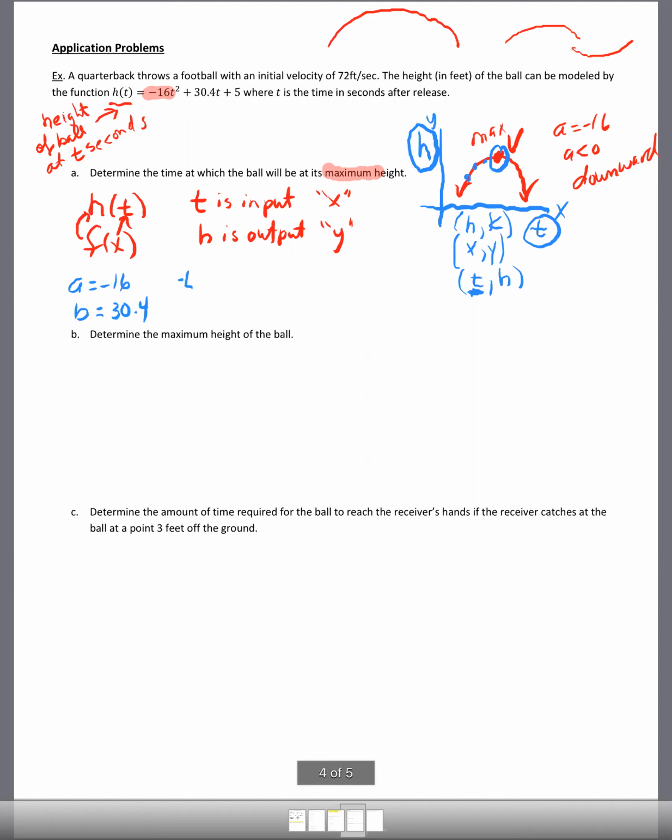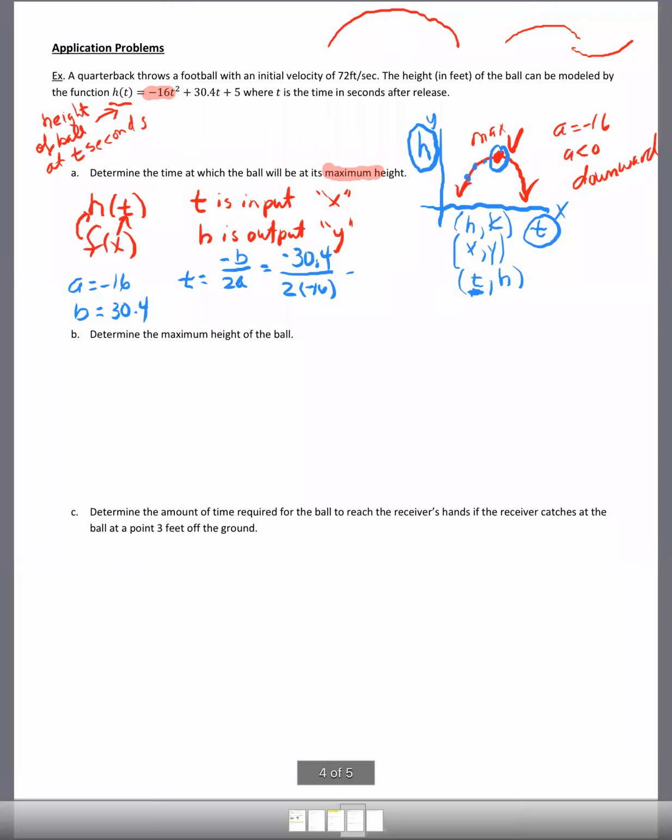So t is going to equal to our -b/2a. That's going to be the opposite of 30.4, all over 2 times -16.